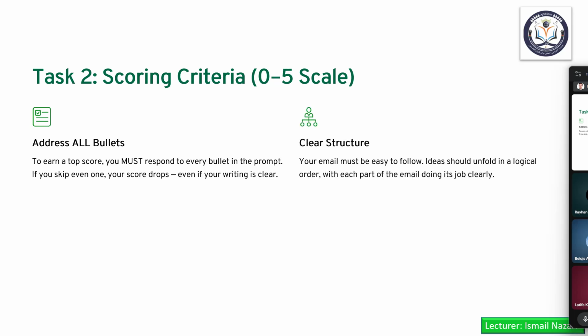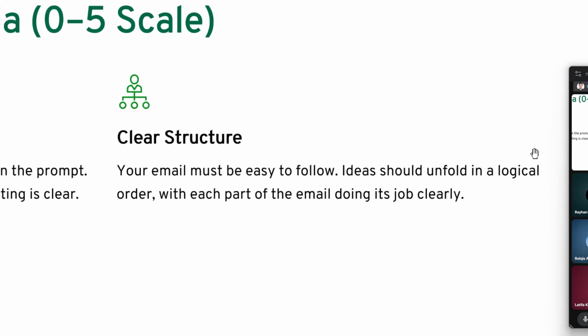Second is clear structure. Clear structure is the second criterion our email will be scored on. Your email must be easy to follow. If it is too complex and unintelligible, it doesn't get a high score, even though you might write really advanced structures with advanced vocabulary.